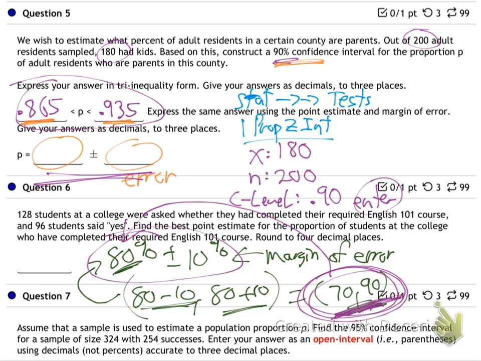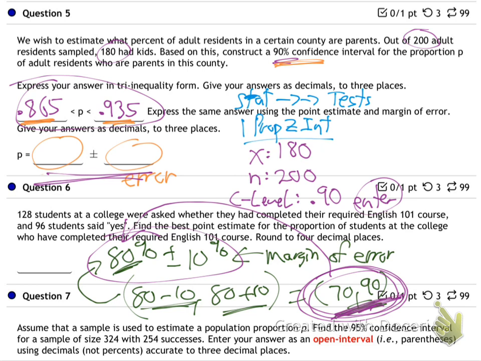Let's look at it again. We said they think the average is 80%, give or take 10. So that means subtract 10, add 10, they think it's between 70 and 90. So now think, how could you go backwards from the 70-90 answer back to the 80, give or take 10, if you just had the 70-90, because that's what they're asking me to do? How could you find the 80?